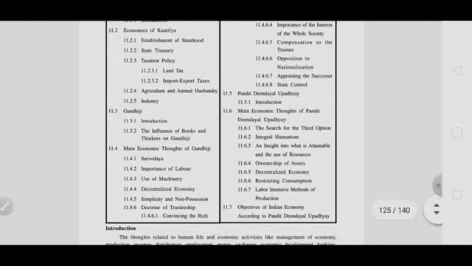Lastly, we are going to discuss Pandit Dindayal Upadhyaya, his introduction, his studies and his main economic thoughts. And last but not least are the objectives of the Indian economy according to Pandit Dindayal Upadhyaya.